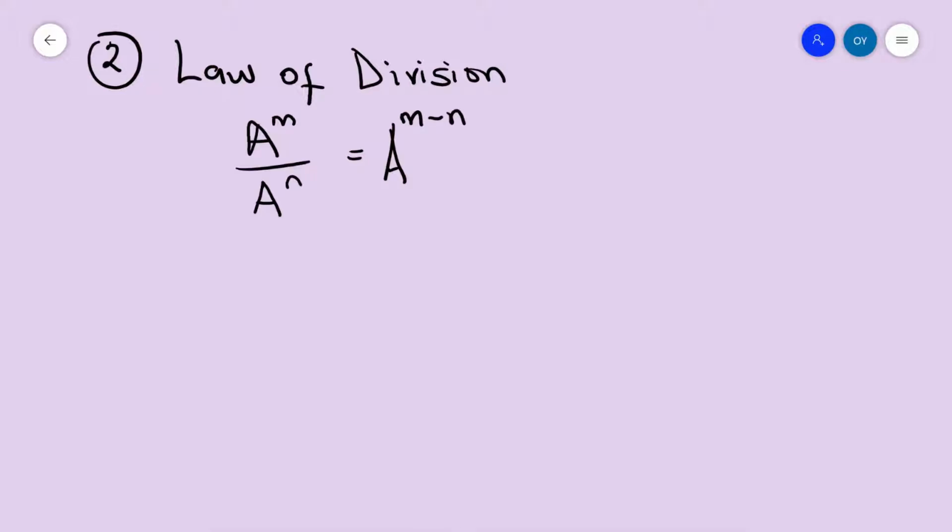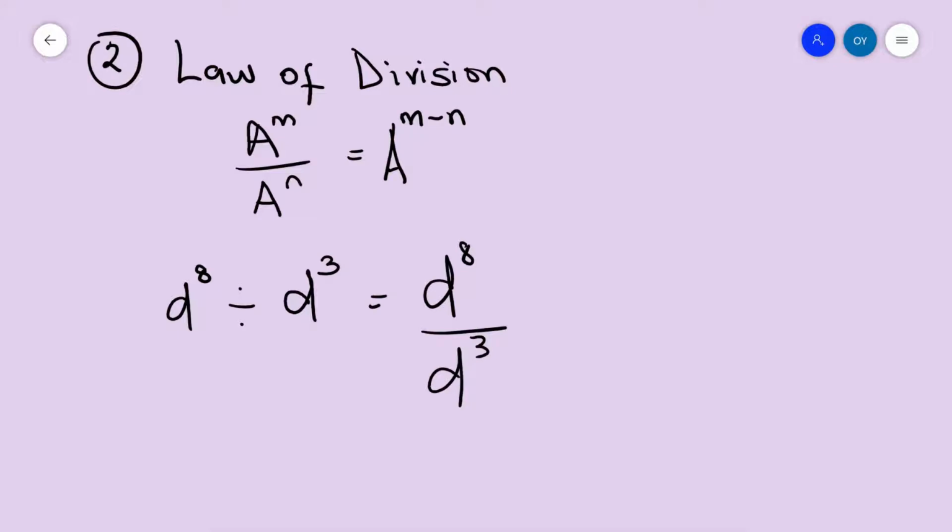An example here is d to the power of 8 divide d to the power of 3. This is d to the power of 8 minus 3. Remember that you subtract the powers, and that is d to the power of 5.